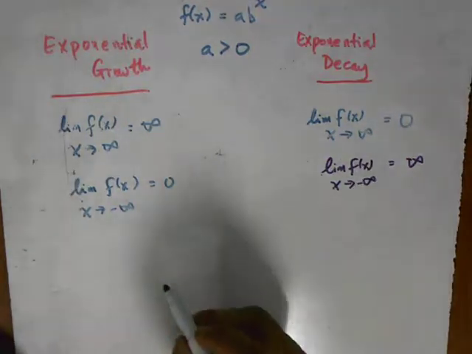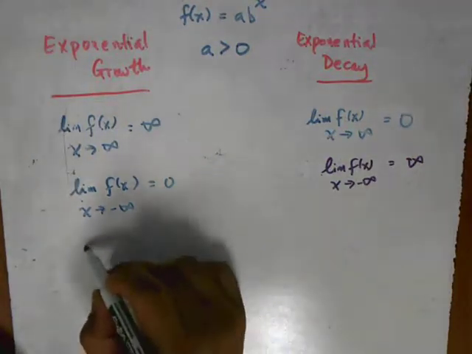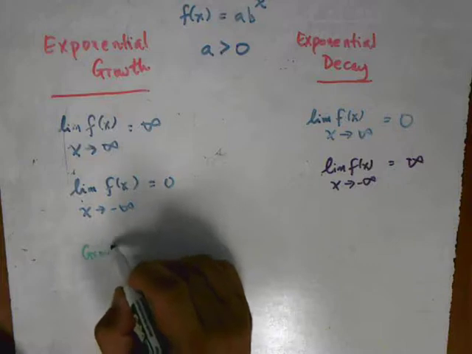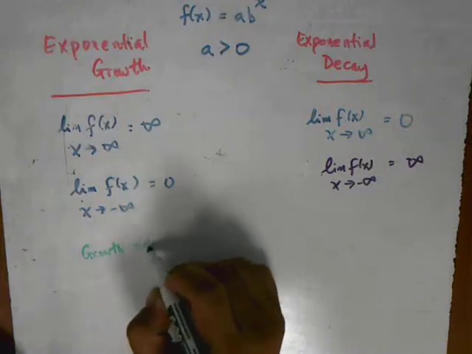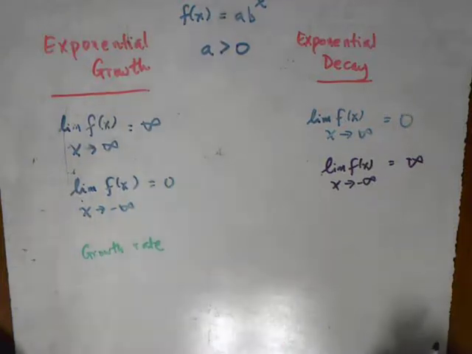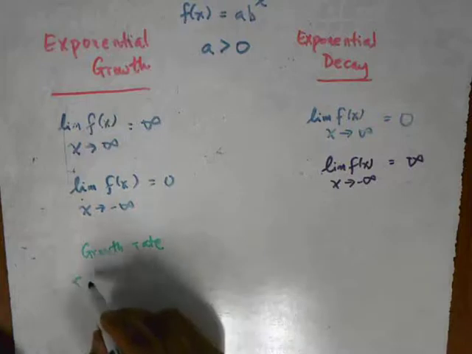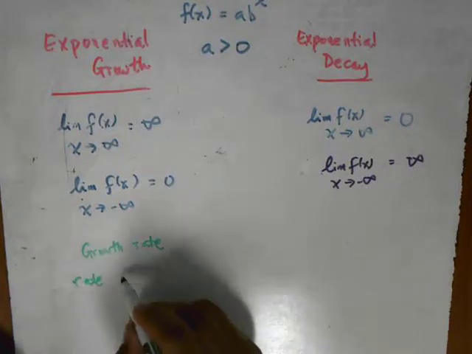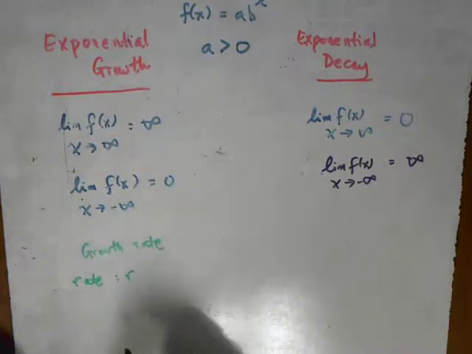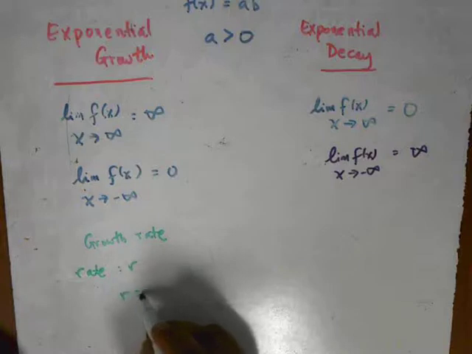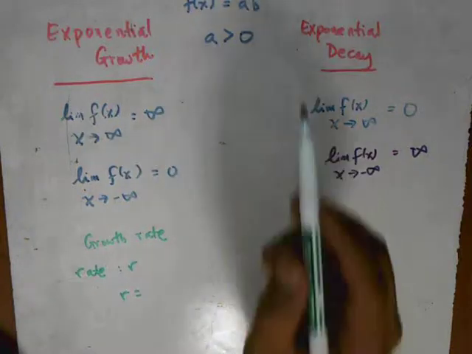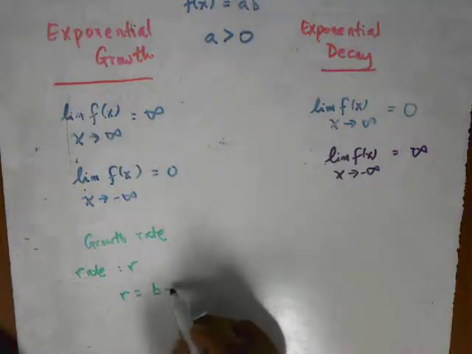Now we want to address some other issues here. If it's a growth function, then it has a growth rate, and the growth rate is defined this way: the rate r. Okay. R is equal to the base minus 1.